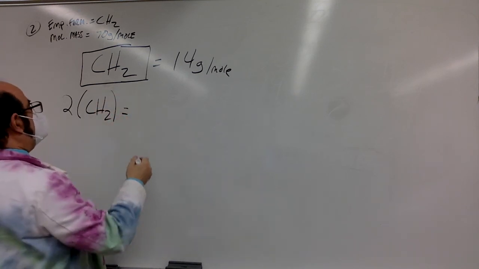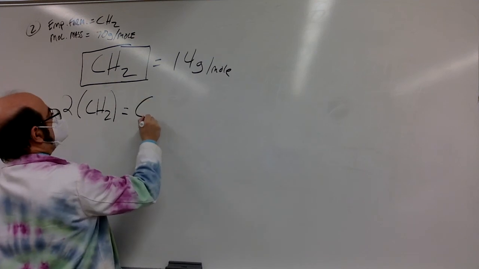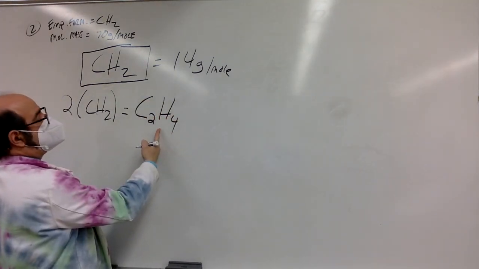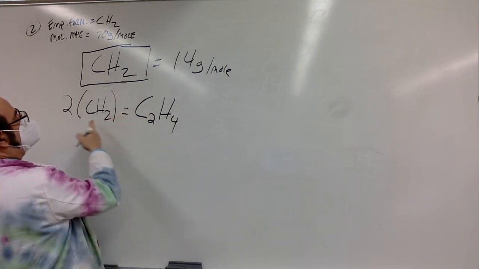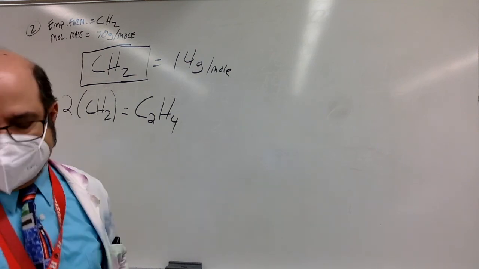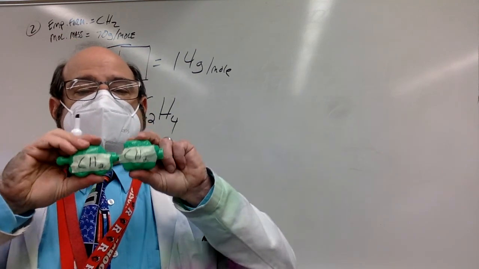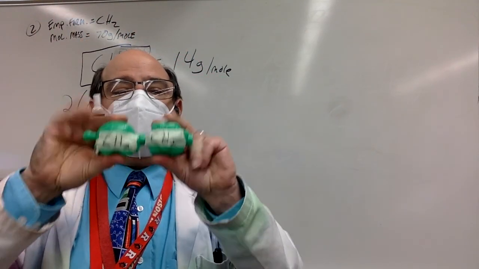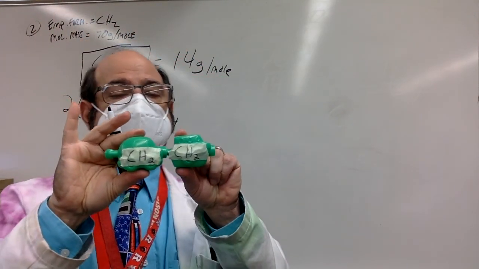And if we distribute that out, that would be C2H4. This is a molecular formula because it's a multiple, 2, of the empirical formula. Empirical formula, 2 of them, molecular formula.